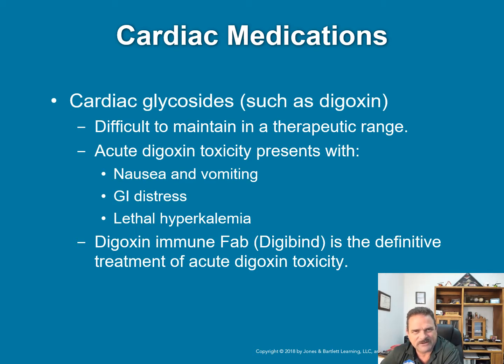So supportive care and consideration of calcium gluconate may be reasonable. Because of the sophistication of cardiac drugs, the likelihood of polypharmacy in these patients is very possible, so you need to contact medical control on how to manage them.